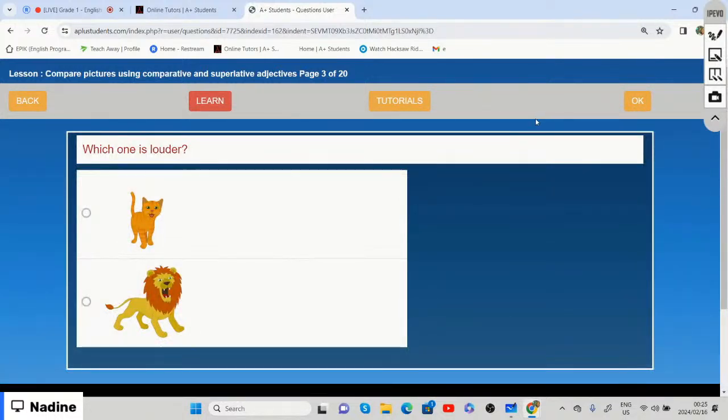So which one is louder? Is it a kitty cat or is it a lion? We need to say which one is louder.